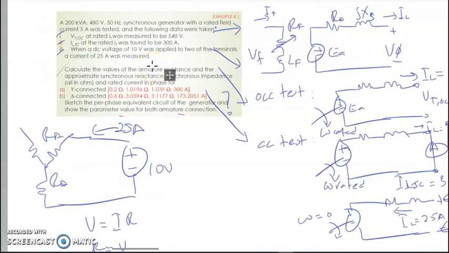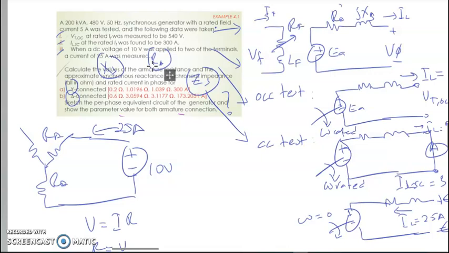So we are able to find the armature resistance. Then we need to find the approximate synchronous reactance XS and also the synchronous impedance ZS. So these are the 3 parameters that we need to find out, for either Y or delta connected construction of motor or machines.